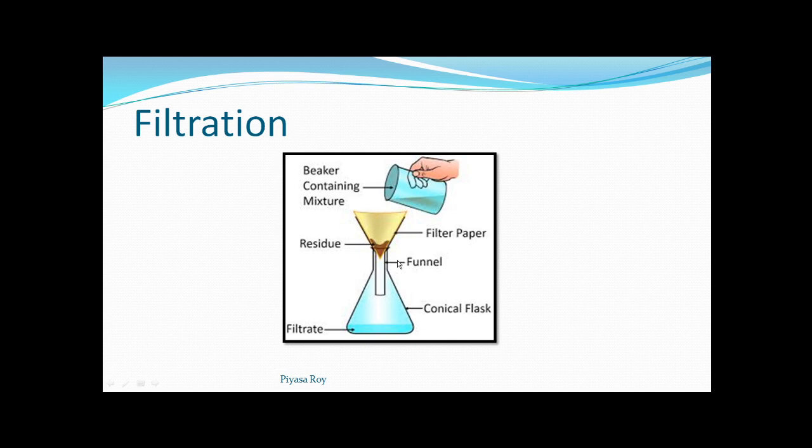The residue or the solid particles will be left behind in this filter paper, as they cannot pass through the fine holes of the filter paper, but the water can come across the filter paper, so it gets collected in the conical flask as filtrate. So filtration process we can use for separating a solid liquid mixture.